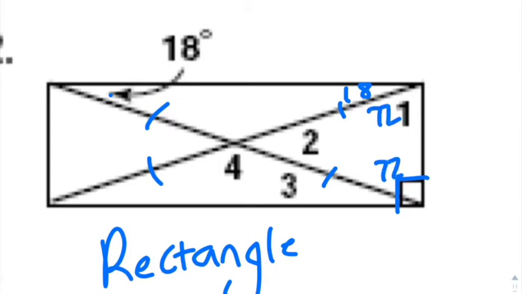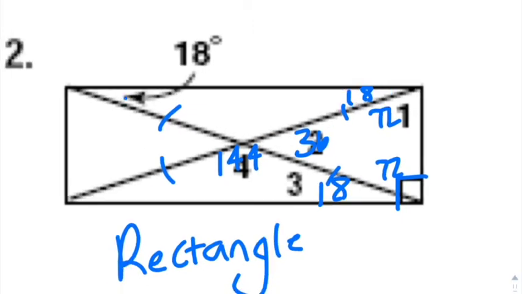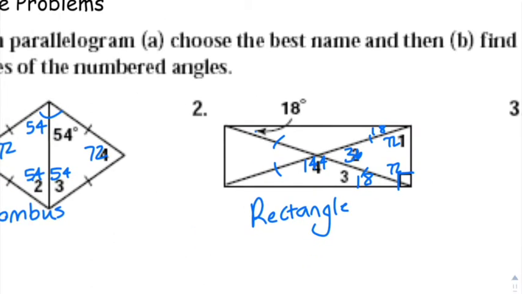Which also means this other angle down here is going to be 72. So I think that's 144. So that's got to add up. So I think that should be 36 right there. You can put 144 there for angle 4. No, angle 3 should be 18 again. And there's all your angles.